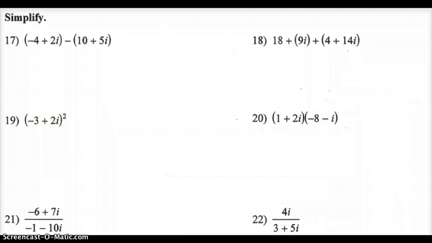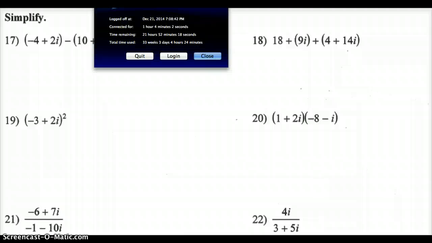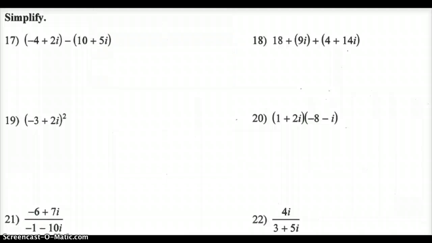Simplifying complex numbers follows many of the common rules that we've used in algebra. I've got a subtraction situation, which I'll distribute.